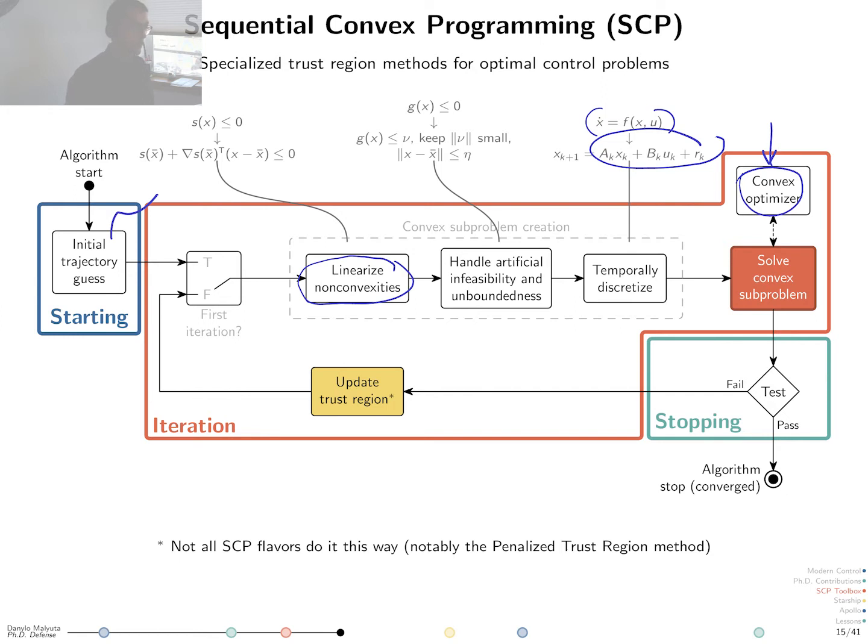Once we're done with these steps, we have a convex problem that we solve with a convex optimizer. The advantage of SCP, for instance, for the aerospace community, is that it is agnostic to what this convex optimizer is. So if you have a tool, say, that solves problems like linear programs really well and you trust it, SCP is independent of that tool, so you can use it here. Or you can use another tool. So the algorithm is generic in that sense.